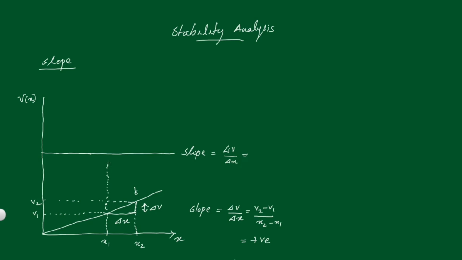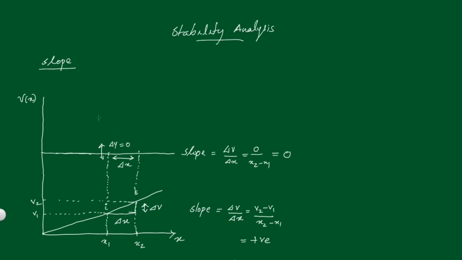When we consider x1 and x2, there is a delta x, and there is no delta v, that is, delta v equals 0. So this is 0 by delta x, final position minus initial position, x2 minus x1, where x2 is bigger than x1. So this is equal to 0.